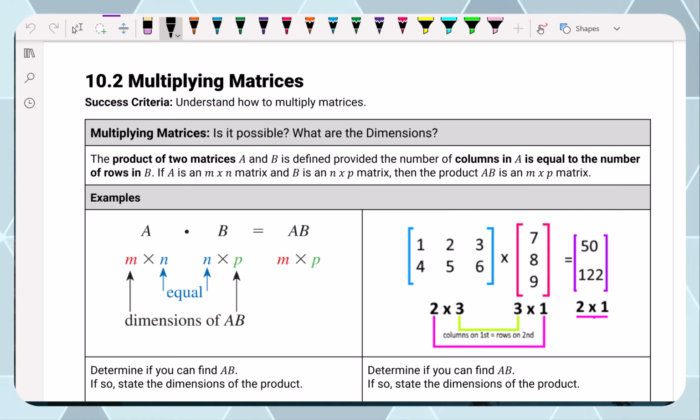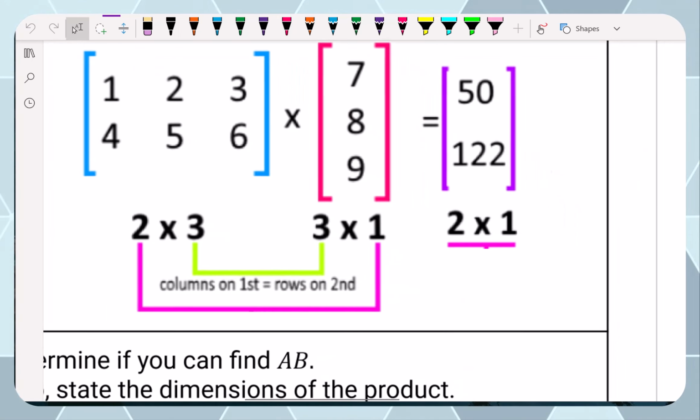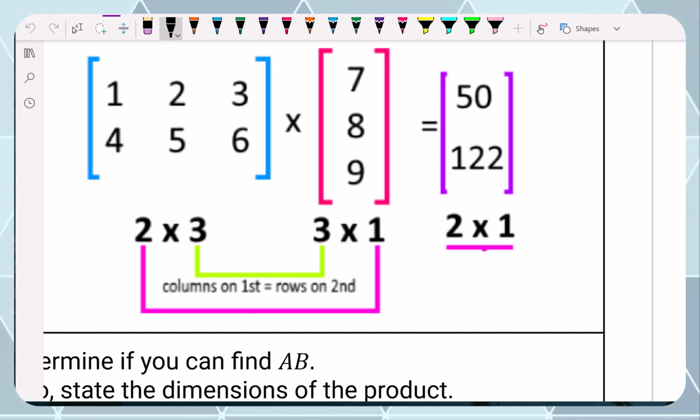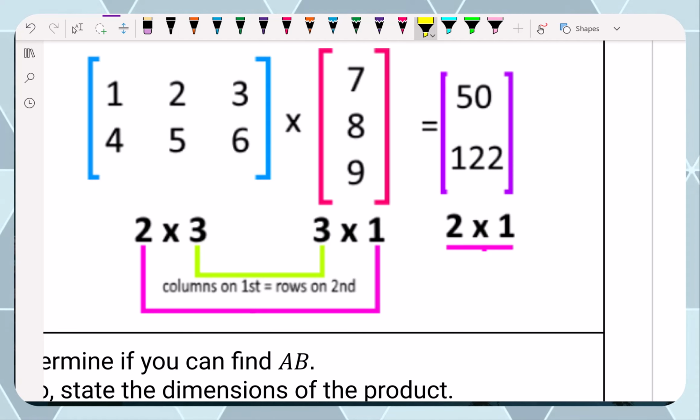The first thing that you need to learn is how to find the dimensions of the product when you multiply your matrices. So I think the easiest thing for us to do is to look over here. We are going to multiply a 2-row by 3-column matrix times a 3-row by 1-column matrix. Something neat happens when you want to multiply your two matrices.